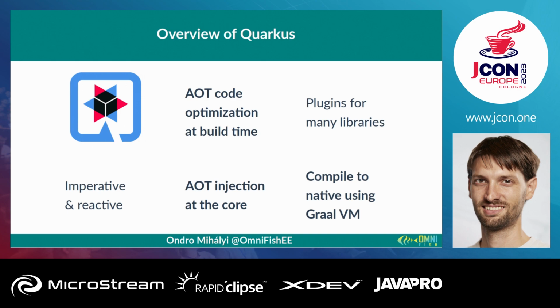And also another important thing about Quarkus, it supports compilation to native binaries using GraalVM. And that's possible because these plugins should support GraalVM compilation. That's why it's good to use plugins and not directly libraries as dependencies, because these plugins are like a wrapper around popular libraries.